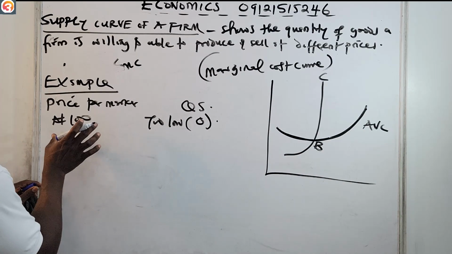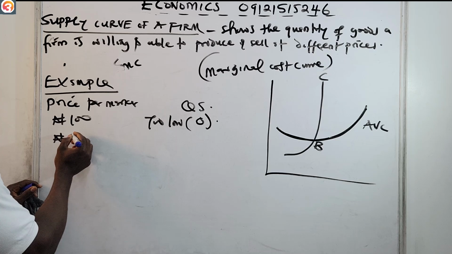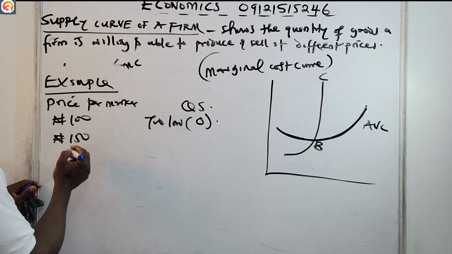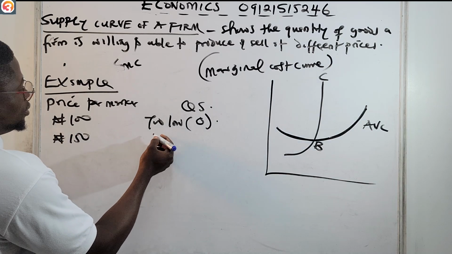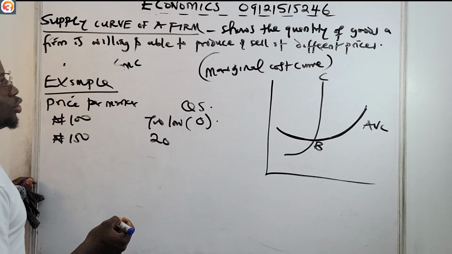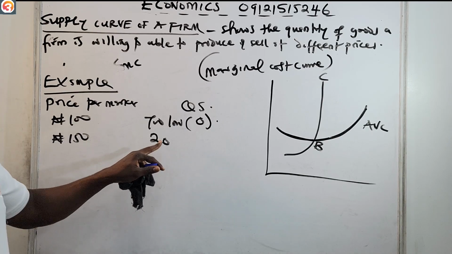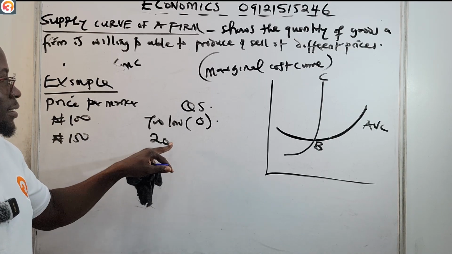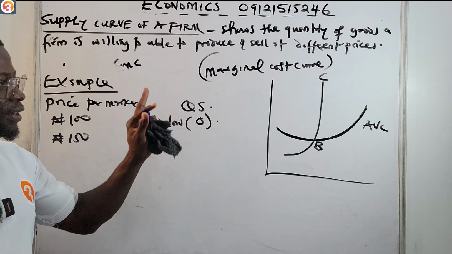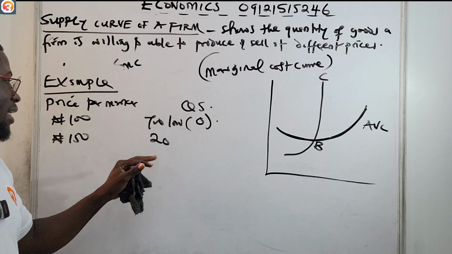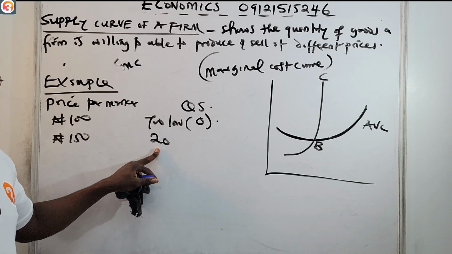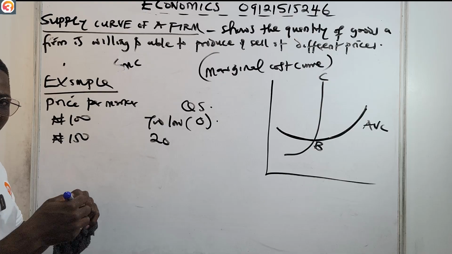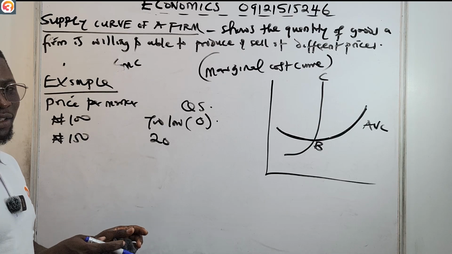Now, when the price goes to, for example, 115 naira, let's say they can produce 20. Because this price is above the average variable cost, they can supply 20. A firm will produce more when the price is high.